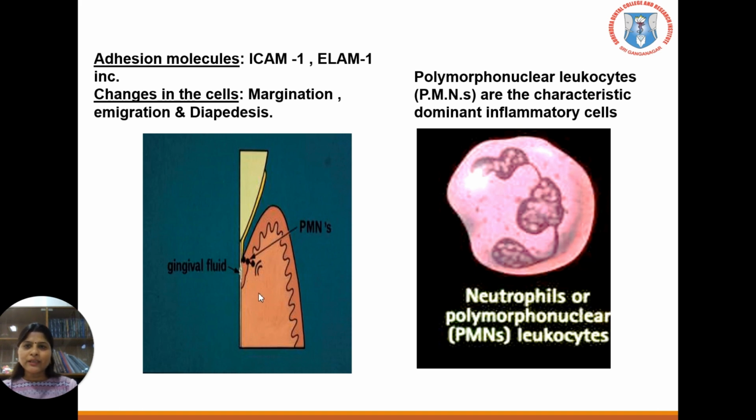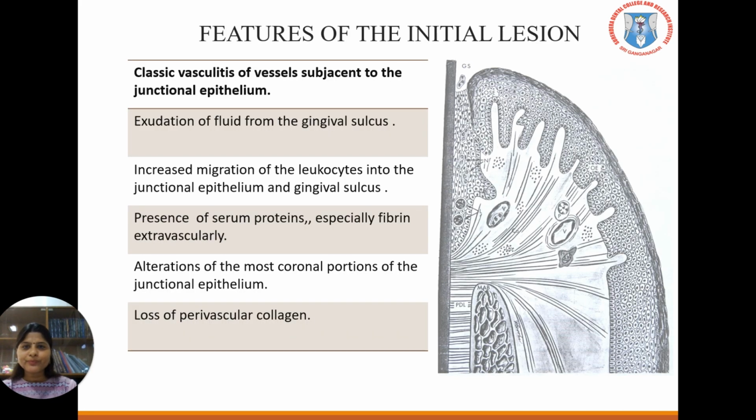When there is vasodilatation, there is margination, emigration and diapedesis that results in the migration of neutrophils into the epithelium, and via the epithelium they move into the gingival sulcus. So the initial lesion has predominant neutrophils which accumulate in the gingival sulcus, which are the first to fight against the bacteria present in the dental plaque in the gingival sulcus.